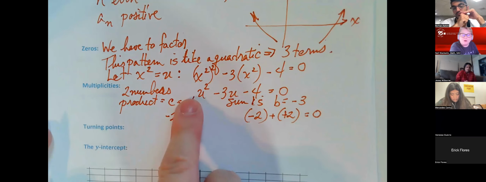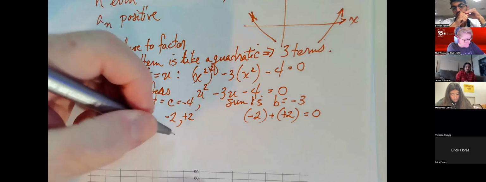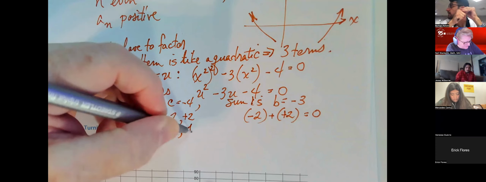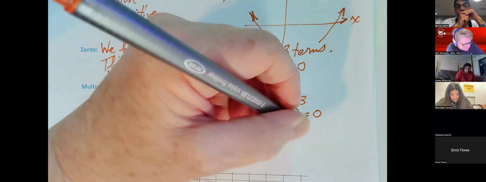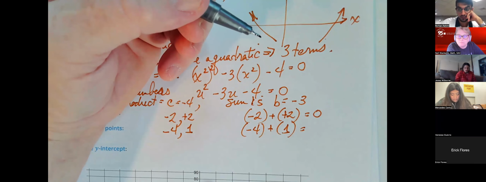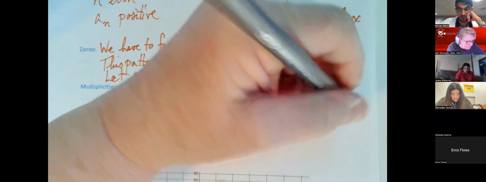What is another option for getting to -4? -4 and 1. Good. And this time -4 plus 1 is -3, and that's what we want.